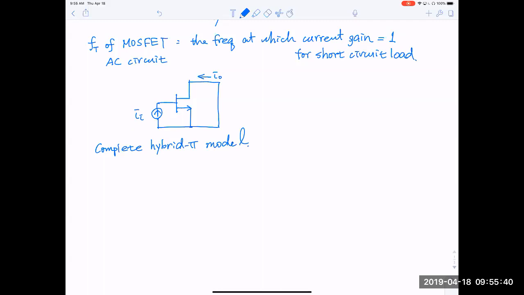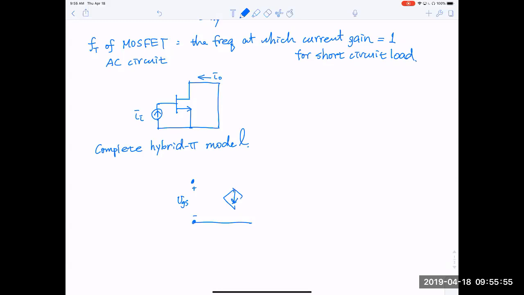It looks like this. Initially, let's draw just the small signal model. We have here VGS, okay? And we have the dependent current source. This is gm VGS, okay? And we have the output resistance, ro, all right? And the complete hybrid pi model now includes CGS, okay?